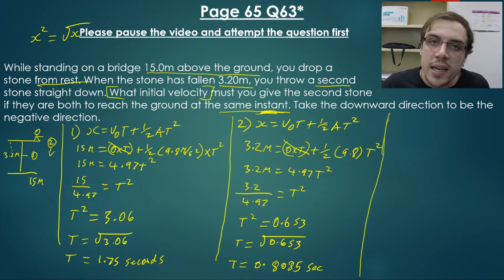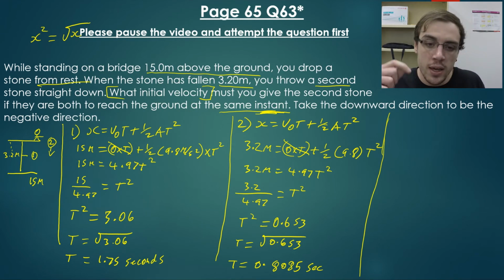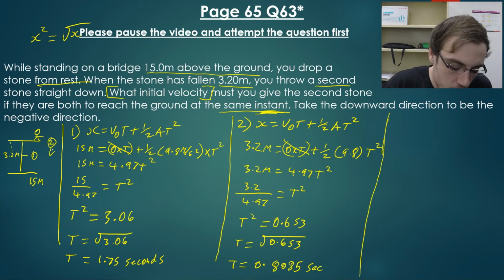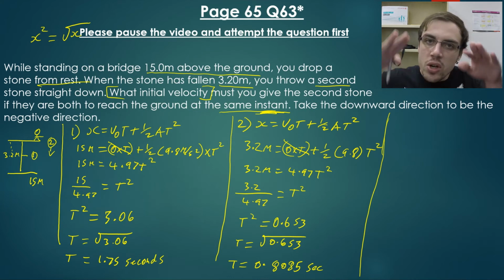So the time for stone number 2 must be the difference between these two, because this is what the question is asking for, when they both reach the ground at the same instant. So both stones hit the water at the same time.